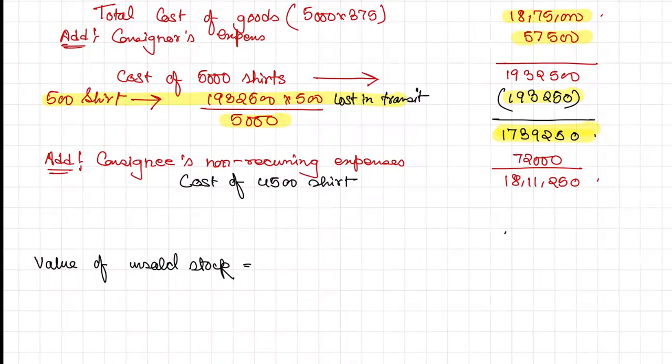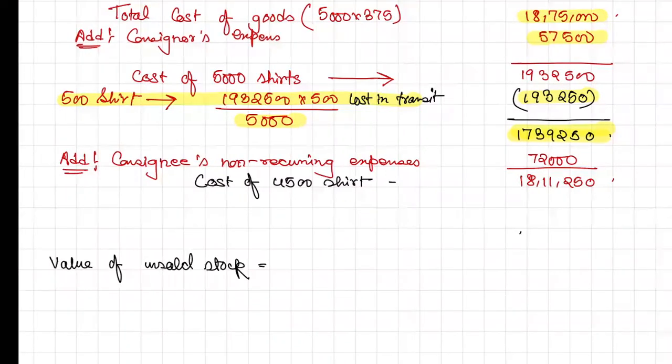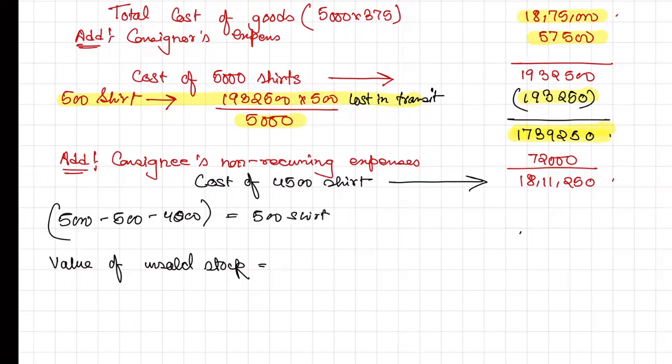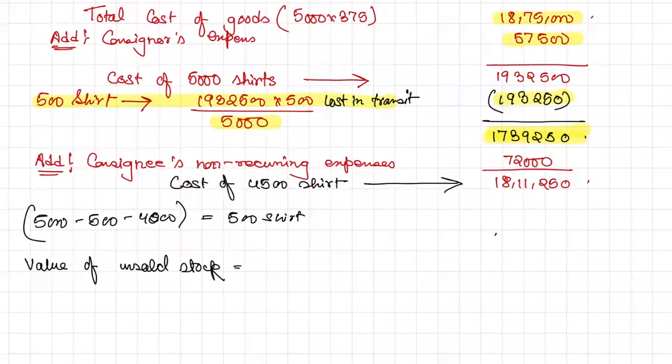करेक्ट। Now if 4,500 shirts is costing me 18,11,250, so now see, 5,000 shirts were sent, 500 were lost in transit, 4,000 were sold. So what is the unsold stock which is still left with them? 500 shirts. So we need value of that. When we know value of 4,500 shirts, we can calculate value of one shirt, and similarly value of 500 shirts.